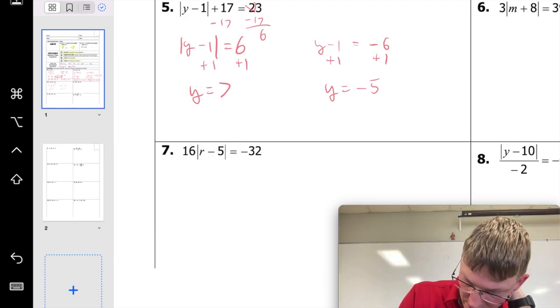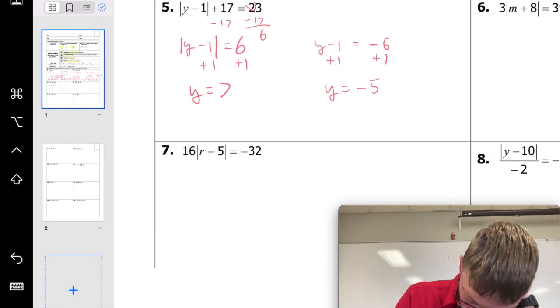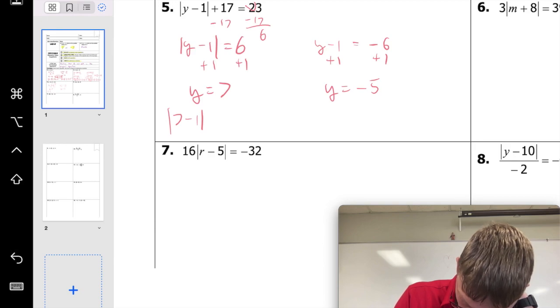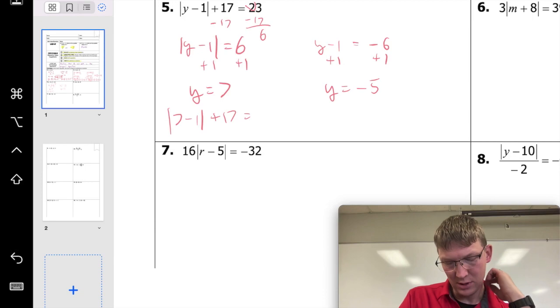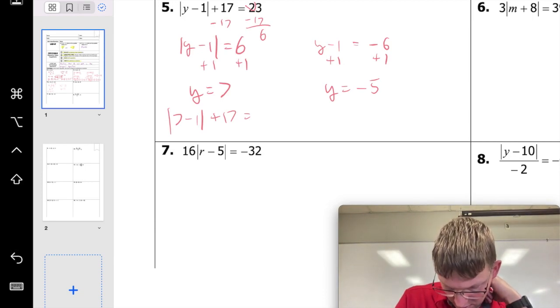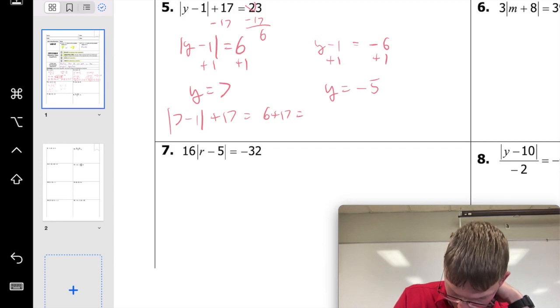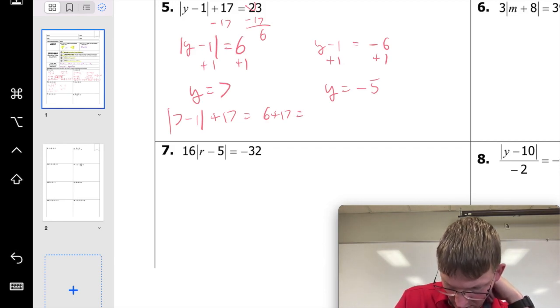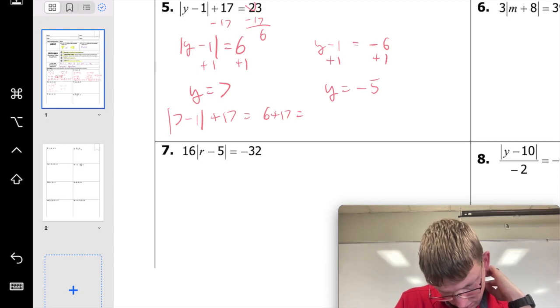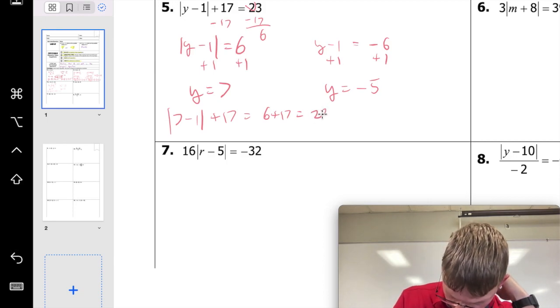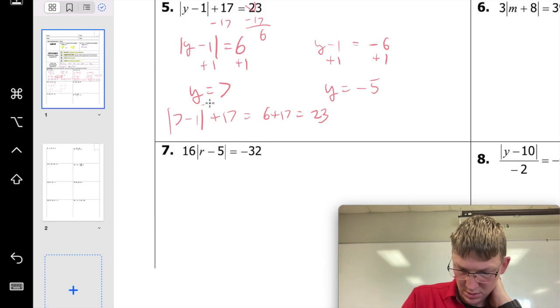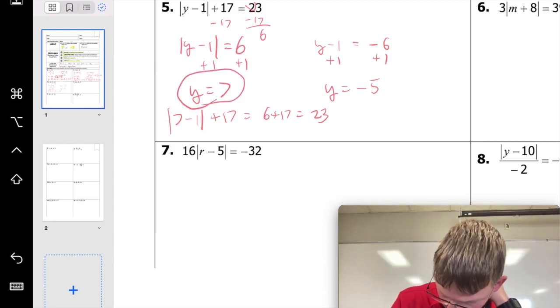So then we're going to do a quick check up here. So we've got 7 minus 1 plus 17. We want to see what that equals. So that's what? 6 plus 17, which equals 23. So that one's good.